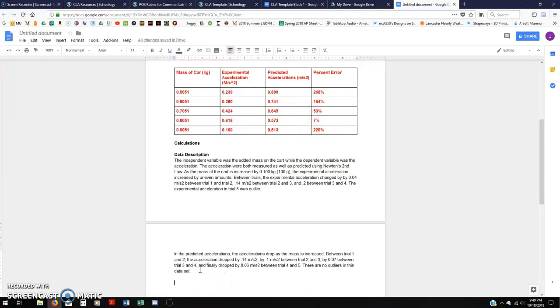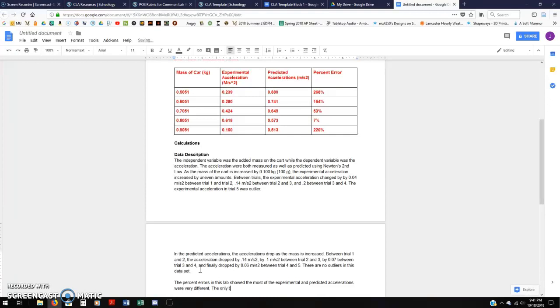So in this case, I would say the percent errors in this lab showed that most of the experimental and predicted accelerations were very different.